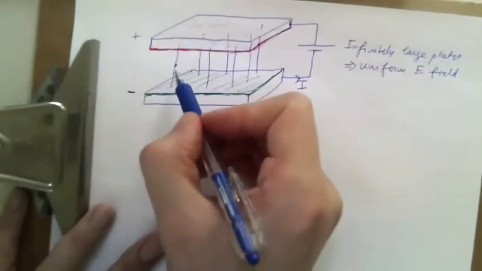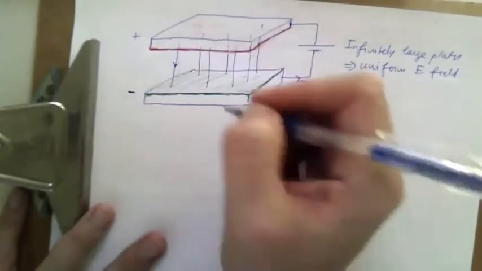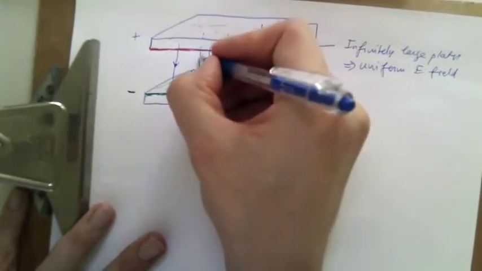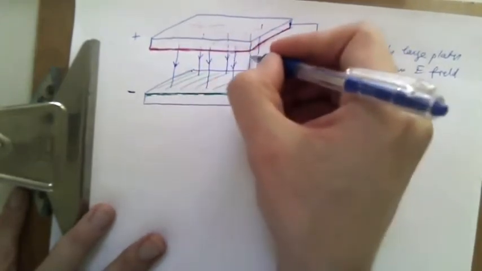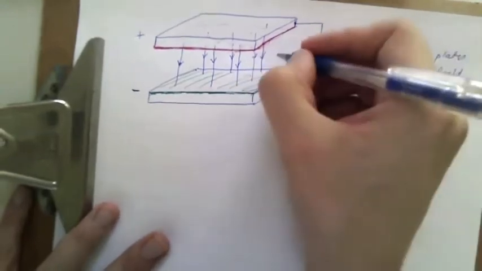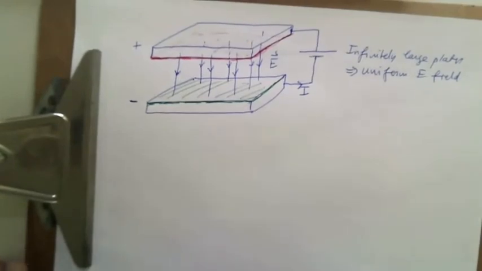If you're positively charged, you're going to be repelled by this, and therefore you're going to be moving in this direction, and that's going to be the electric field line. So always from plus to minus, because that's what positive charges would do. So there's an E field. There you go. So that's the E field. Okay.